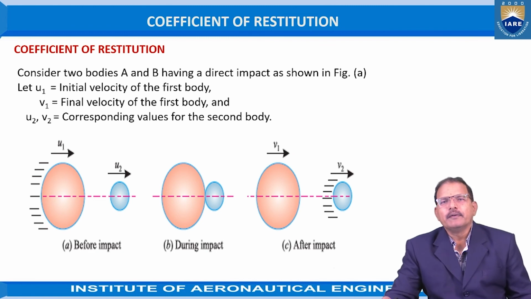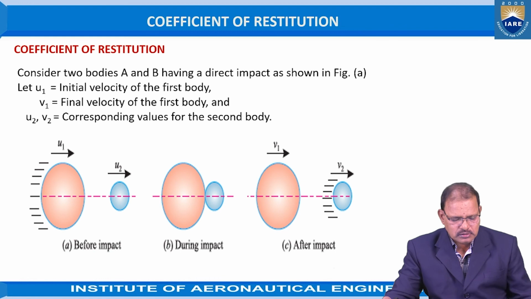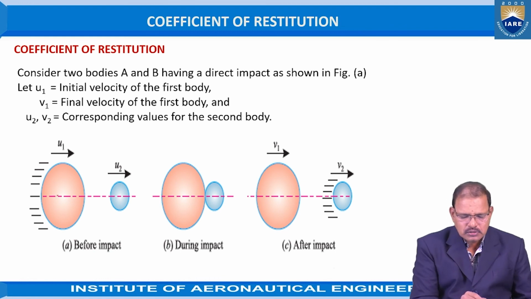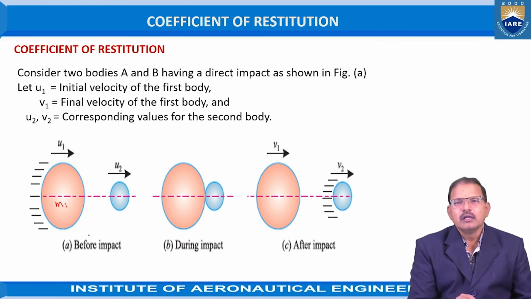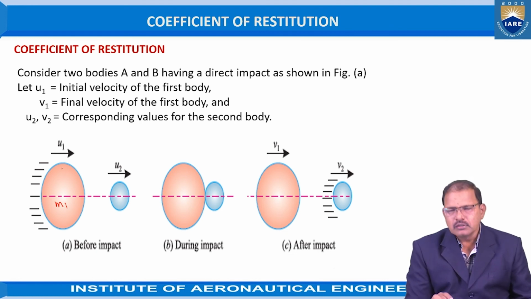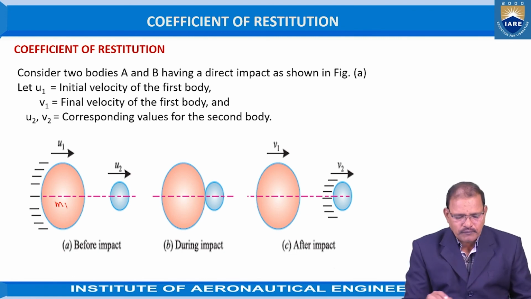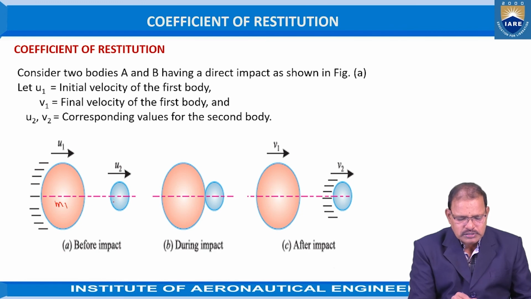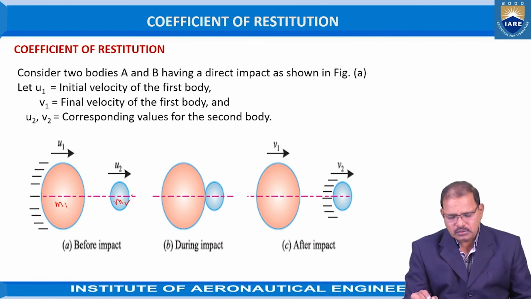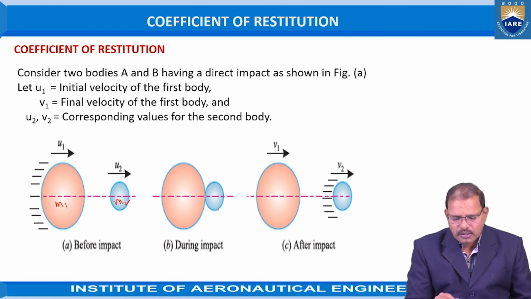Here I am representing two bodies. One has mass m1, moving with initial velocity u1 towards the right linearly, and u2 represents the velocity of the second body, which has mass m2. Since u1 is assumed to be greater than u2, they impact with each other.